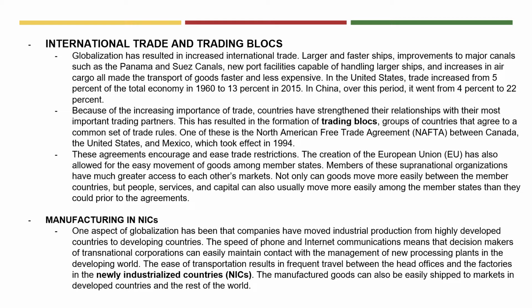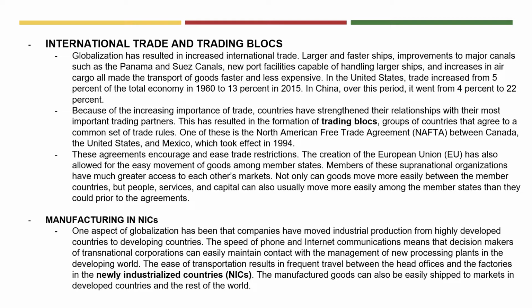One aspect of globalization has been that companies have moved industrial production from highly developed countries to developing countries. The speed of phone and internet communication means that decision makers of transnational corporations can easily maintain contact with the management of new processing plants in the developing world.